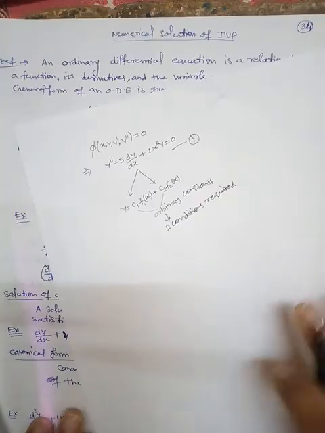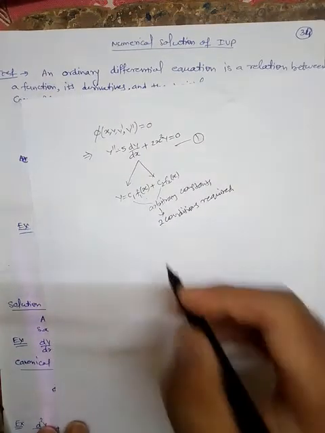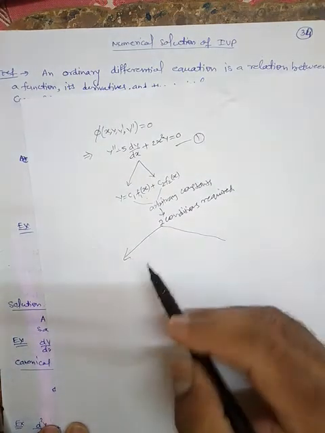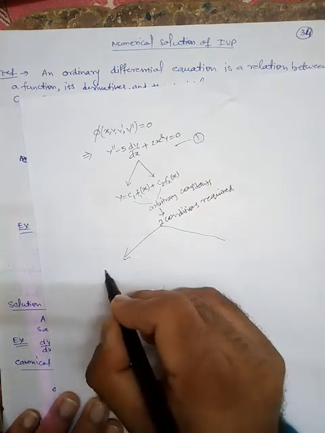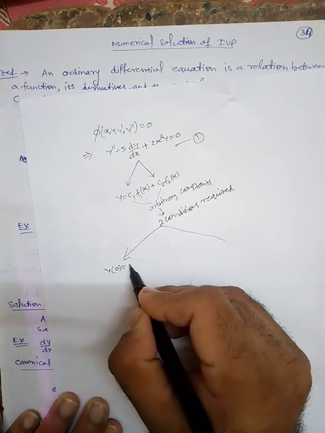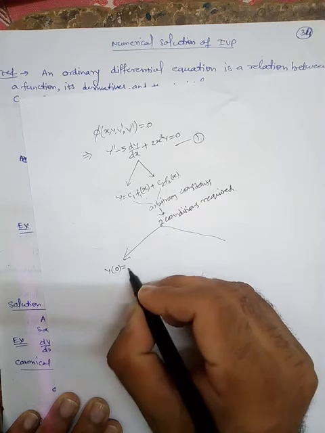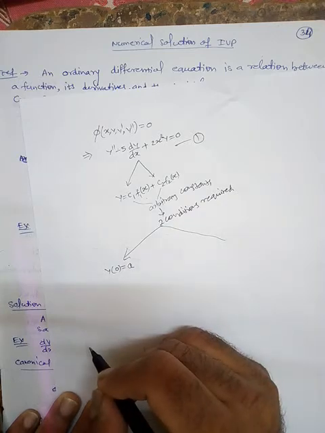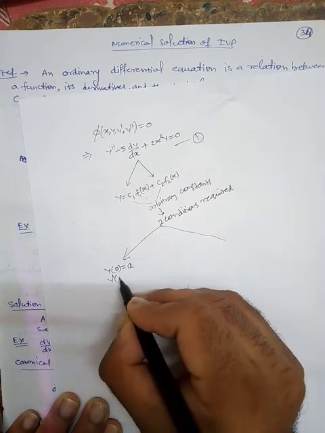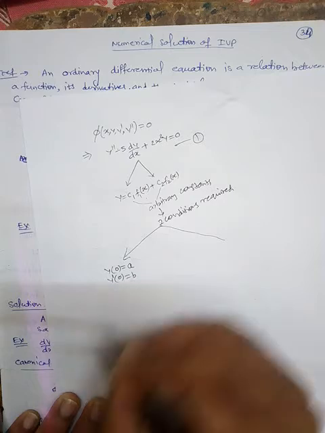Now these two conditions may be of this kind. Suppose y at 0 is given to you, say some constant value a. y dash at 0 is also given to you, say b.